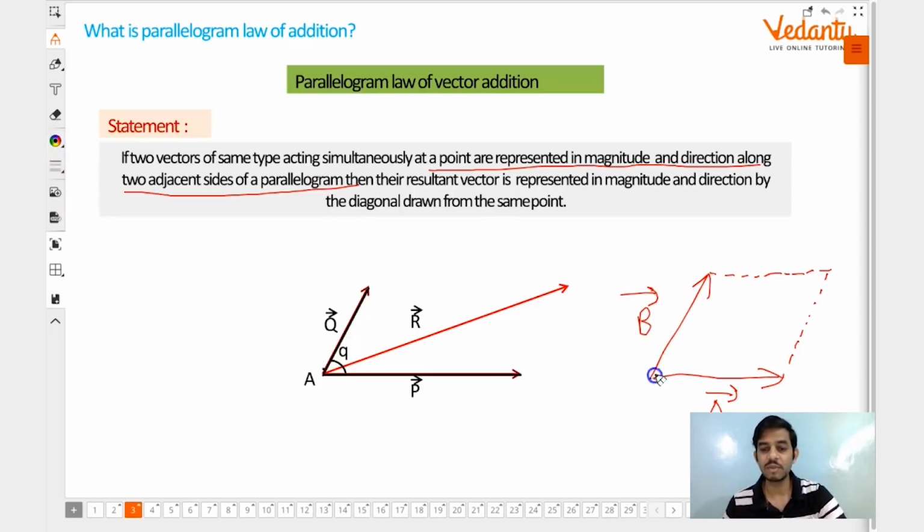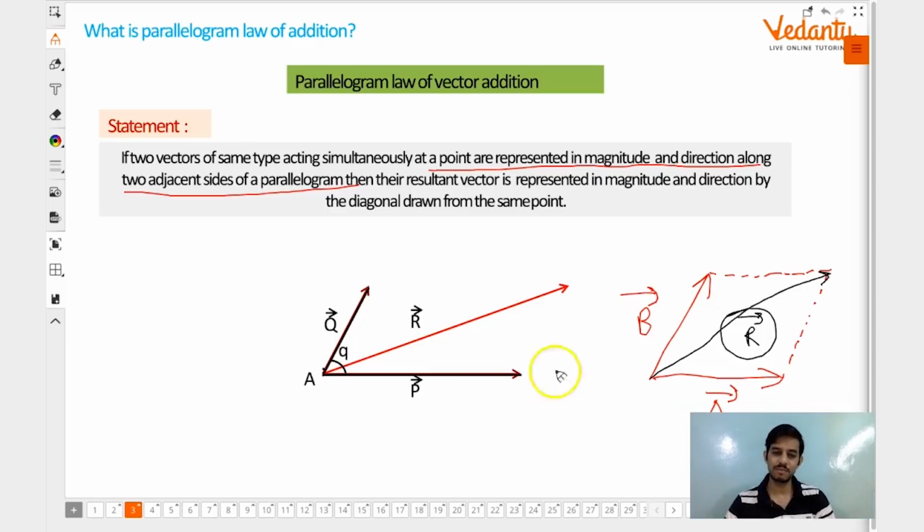That in diagram तो it's very easy, but from parallelogram law we can also obtain the magnitude of this resultant. And guys, pay a lot of attention on this, because this formula is used in the entire physics. Okay, चलो देखते क्या है.